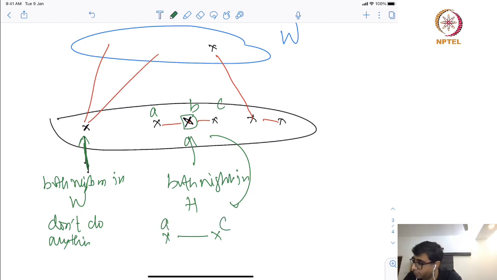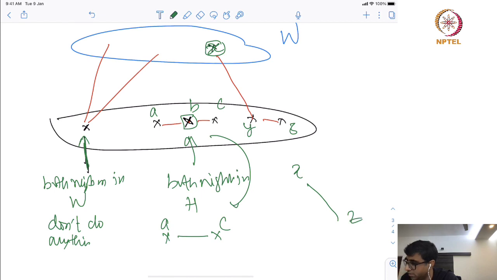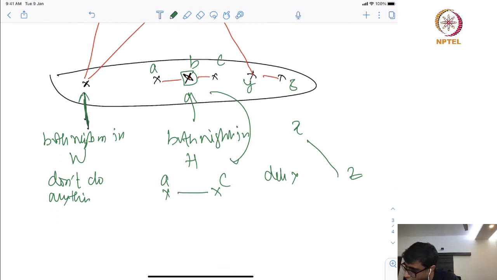Now, suppose, you give me a name, say X, Y and Z. If you have Y such that one neighbor is in X, the other in Z, so what will you do? You will make X and Z neighbors by deleting Y. It could have been that X is there, Y is there and Z is there and there is an edge here.